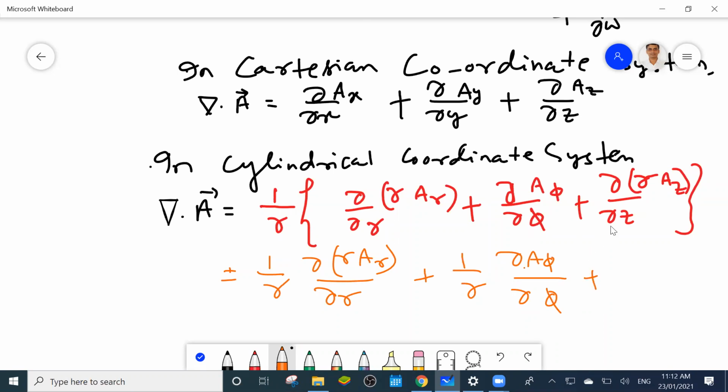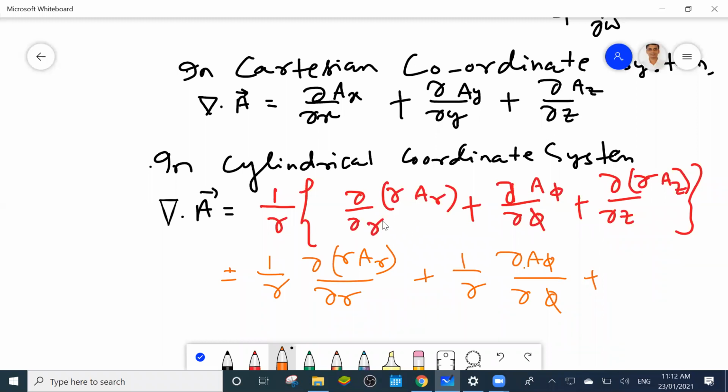Plus, look here, R is constant. This is with respect to Z, the Z component, so this R and this R will cancel. If we multiply 1 by R here and this also R, so that becomes R by R, del Az by del Z. Why am I not bringing this R in the first term?